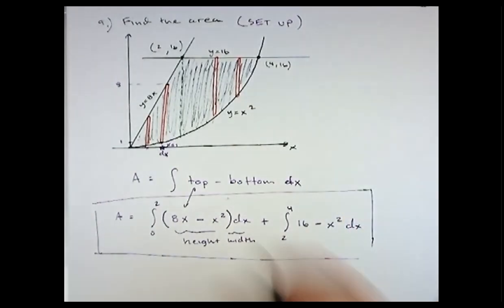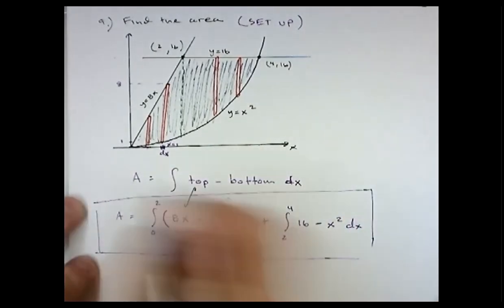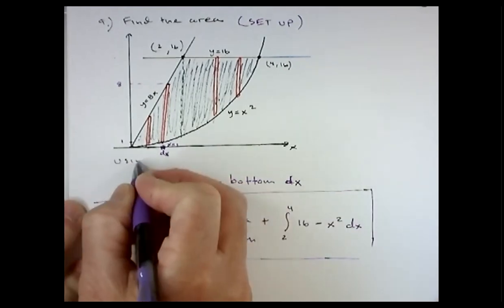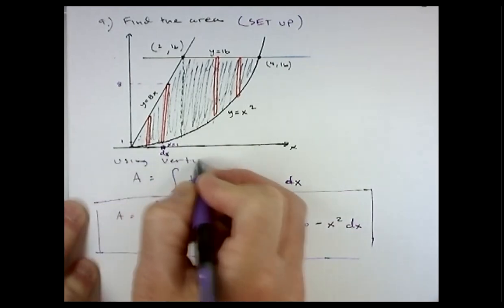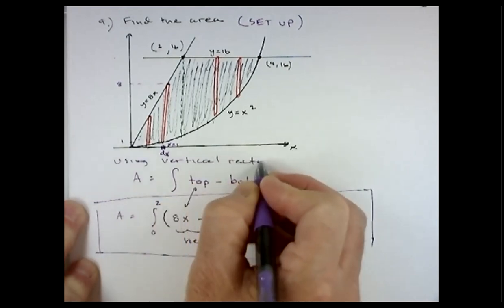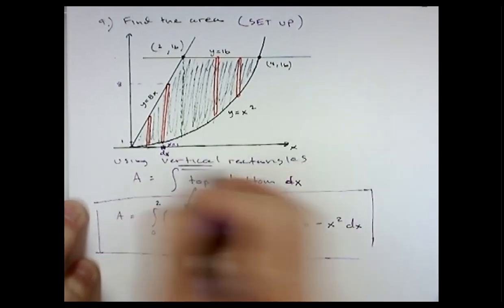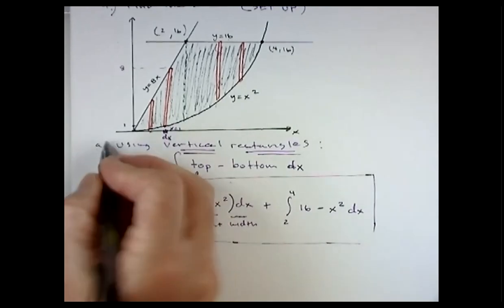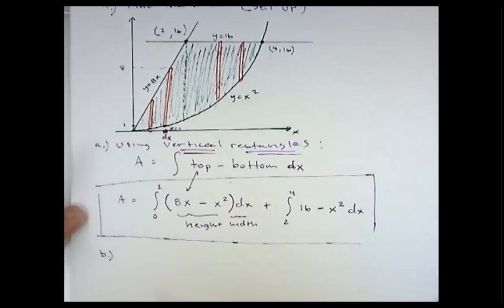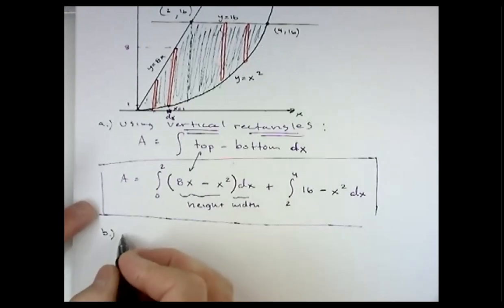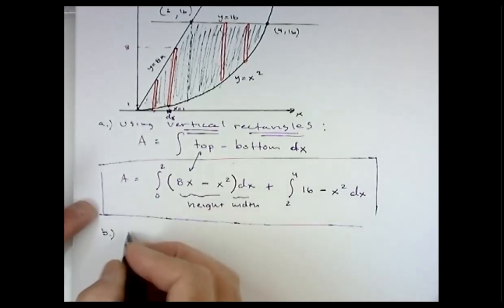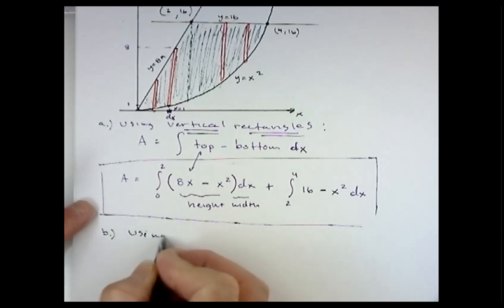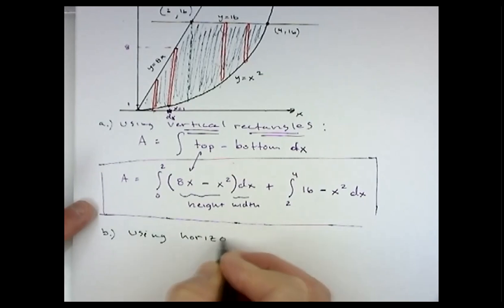So this one was using vertical rectangles. Let's call this part A. But we did do one, I think, last time on Thursday where I showed you that I won't say this is always going to be better, but in this particular case, I might try using horizontal rectangles.